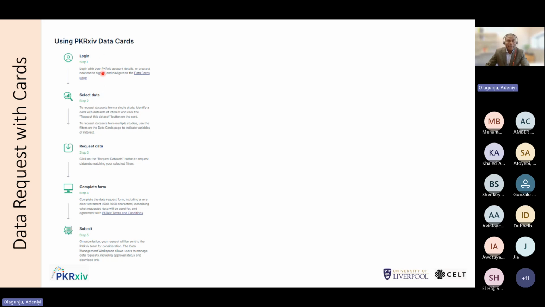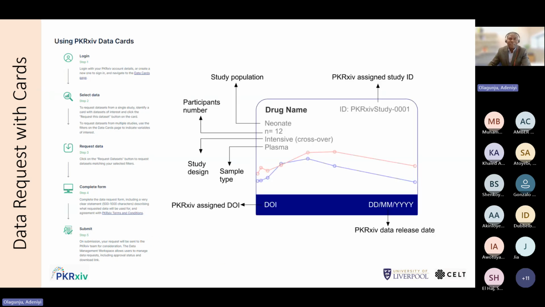The first thing is you need to log in. Once you log in, you select your data, you request the data, you complete the data request form similar to what we've done a couple of minutes ago, and then you submit. And then you wait for your request to be processed. Again, when it's processed, you'll receive an email.